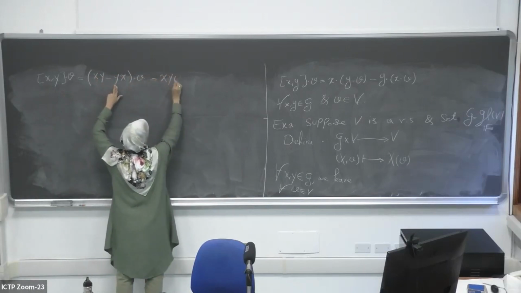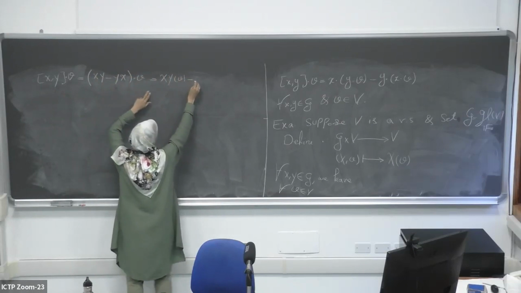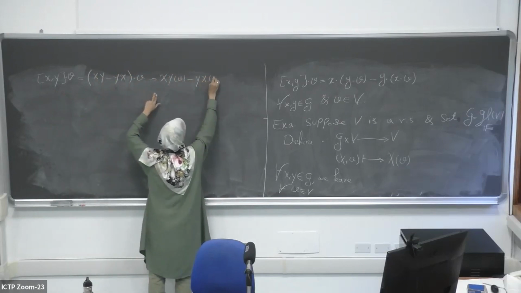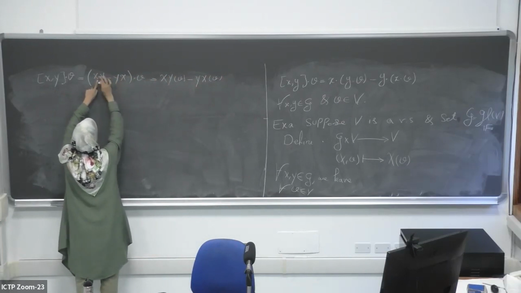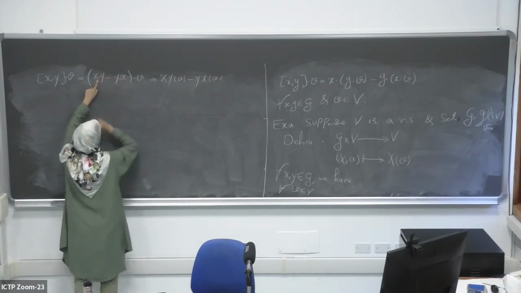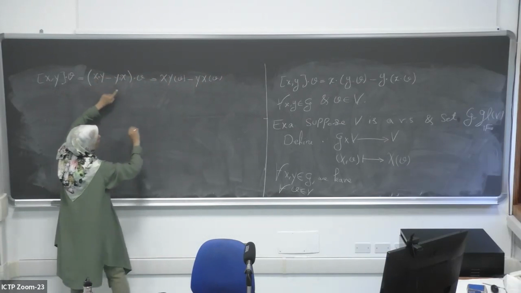So it is x(y(v)) minus y(x(v)). In fact, this is just the composition of endomorphisms.